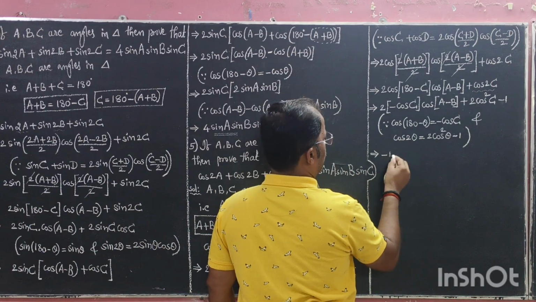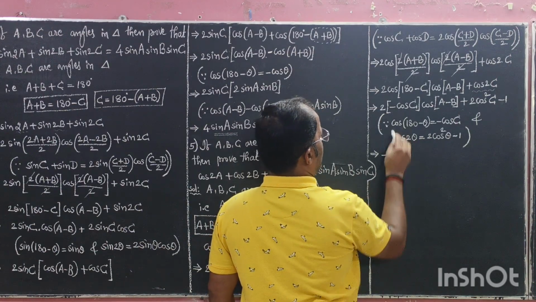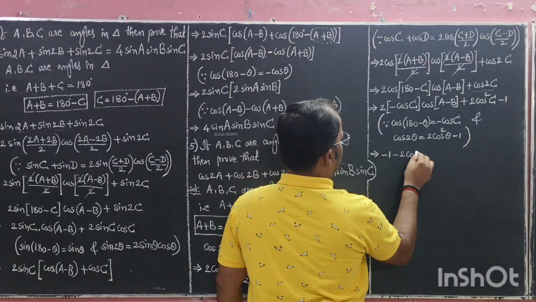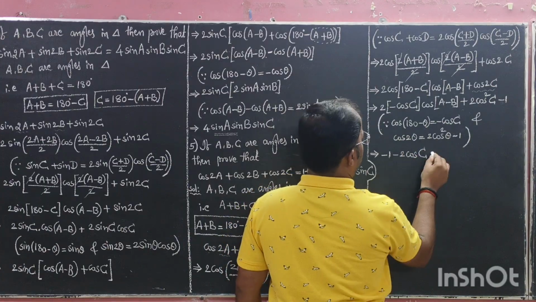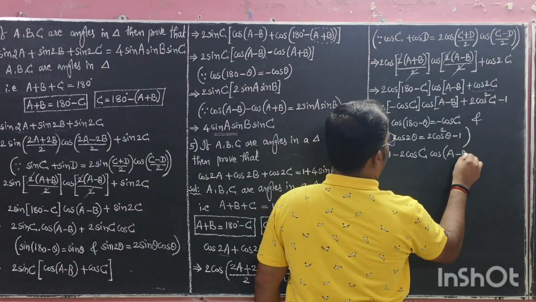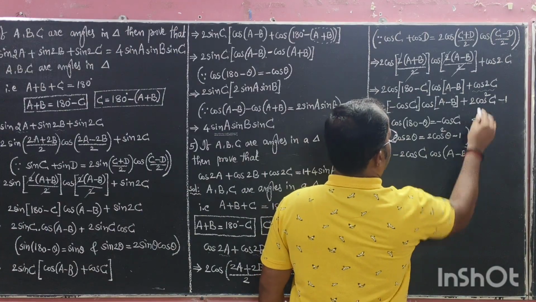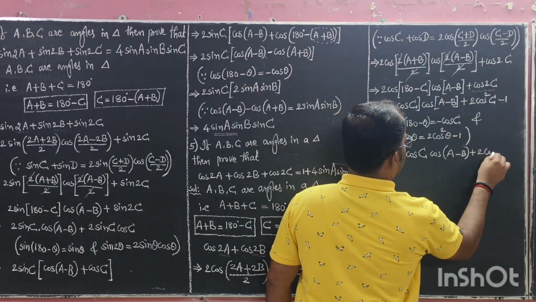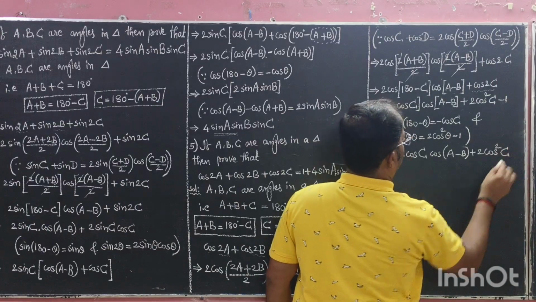Minus 1, and see this one: minus 2 cos C into cos of A minus B, and plus 2 cos square C as it is. Clear?